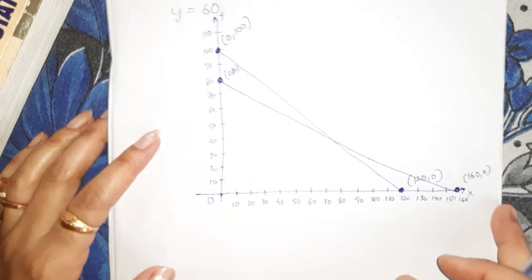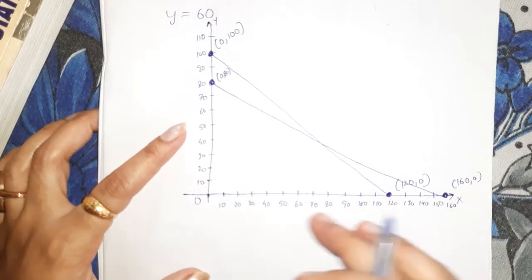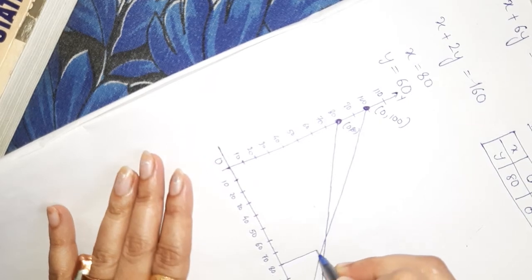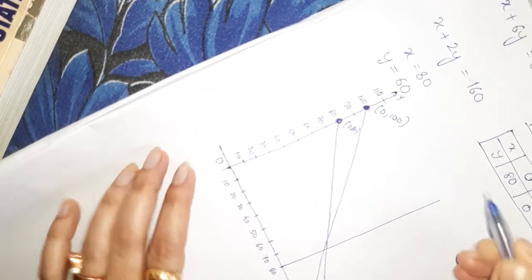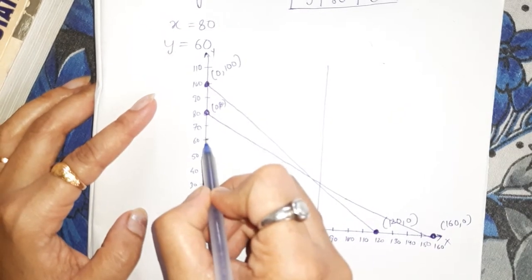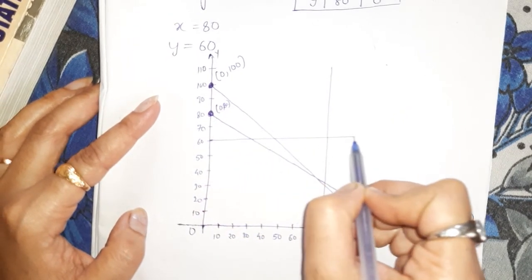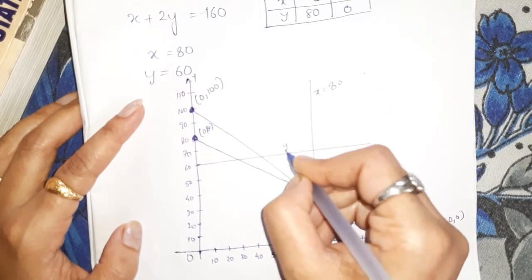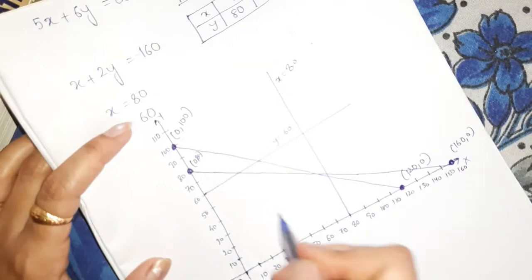Okay. Now x equals 80. This one. This is x equals 80 and y equals 60. This is the graph.